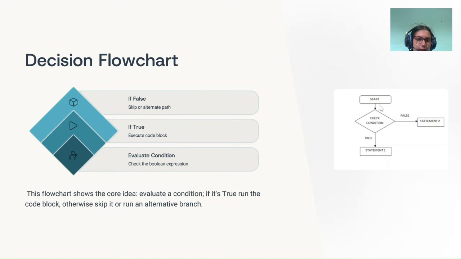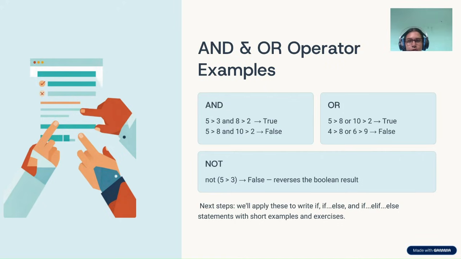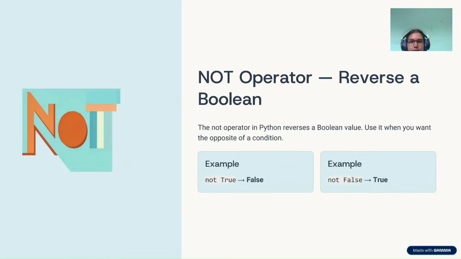You can also look at it here. Start, check condition. If the condition is true, this path; if the condition is false, that path. This will be understood better in the if-else section of this video.